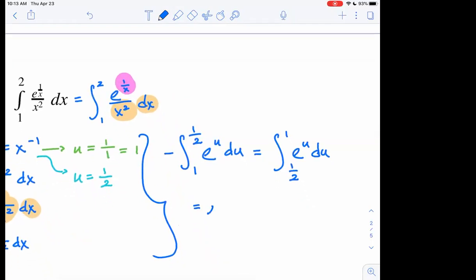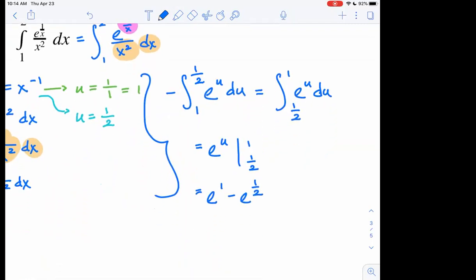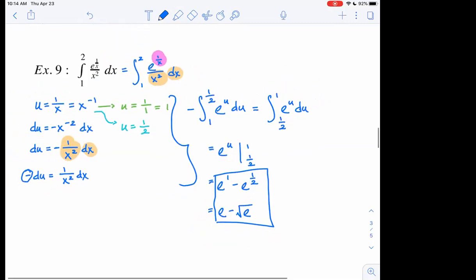And that's going to give me e to the u, plug in 1, plug in 1/2. So e to the 1 minus e to the 1/2. You could certainly leave it like this. You could also write it like e minus the square root of e. And I would say either version in this case would be fine.